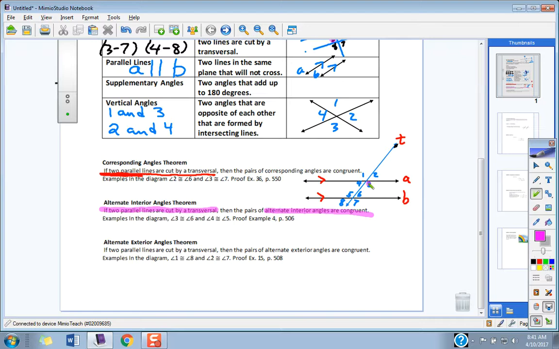Okay, 5 in this case. And then 4 would be alternate interior to 6. If I told you angle 4 was 60 degrees, what would that make angle 6? Alternate interior angles are going to be equal.